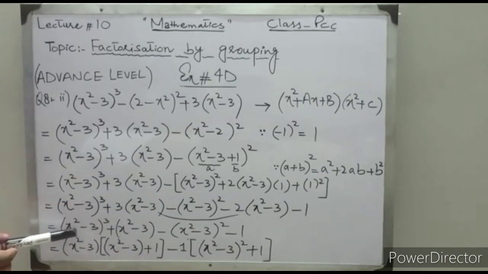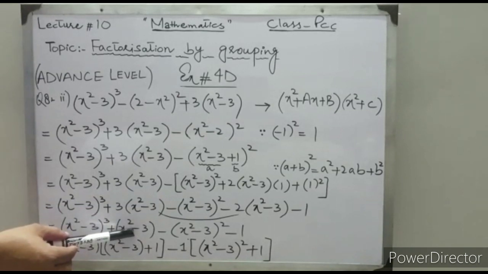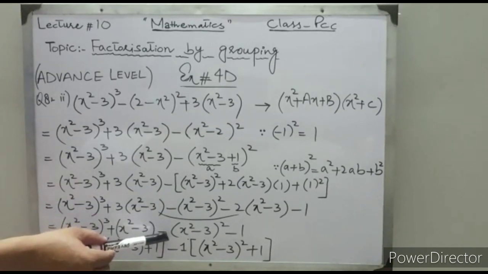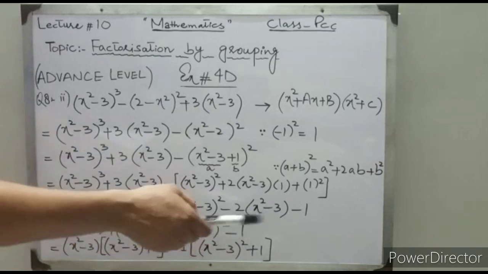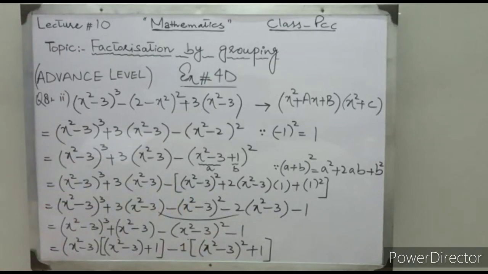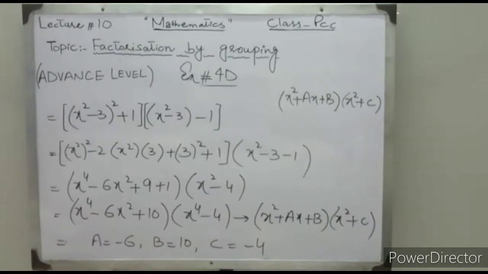Now we have (x² − 3)³ + (x² − 3) − (x² − 3)² − 1. In the first two values we have (x² − 3) as a common factor, so we have the remaining (x² − 3)² + 1, and in the last two values we have just −1 common. We have (x² − 3)² + 1.